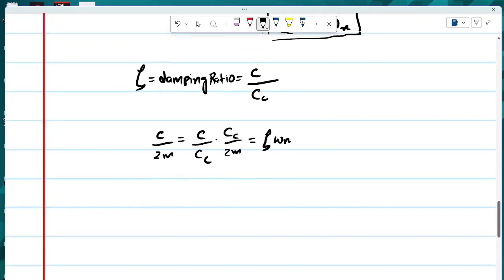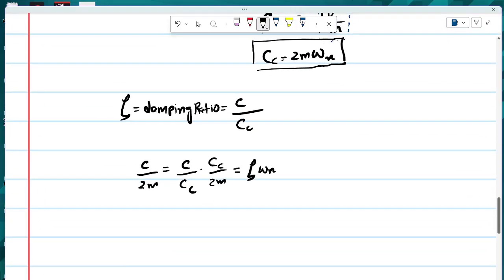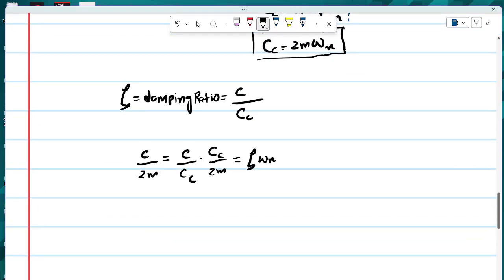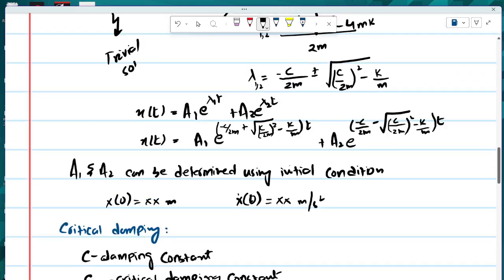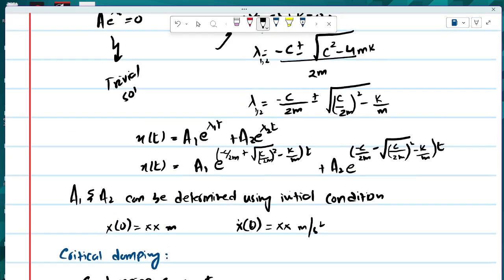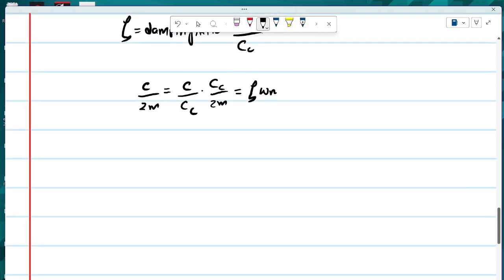So this is how you can represent the system in terms of damping ratio. We can further rewrite these roots of our equation in terms of damping ratio as well.